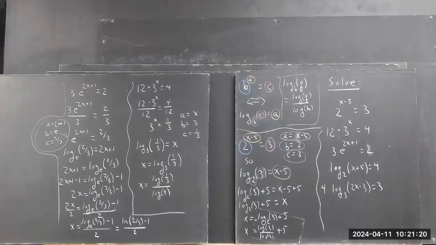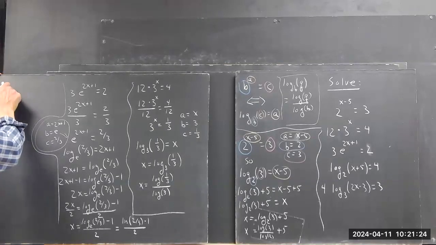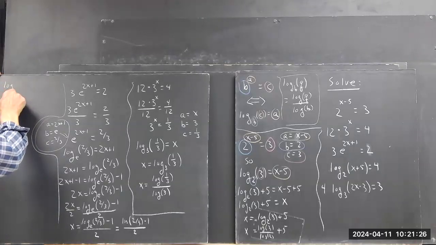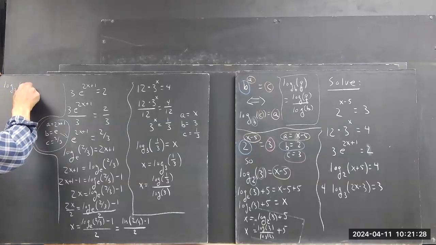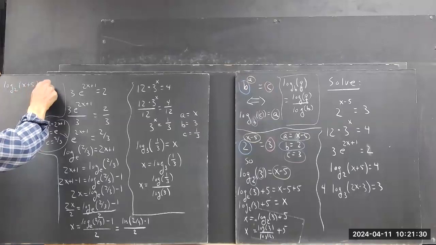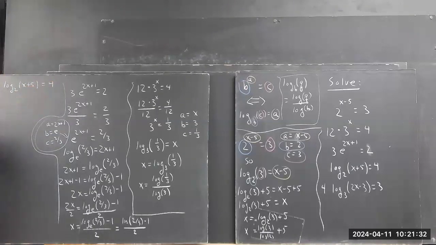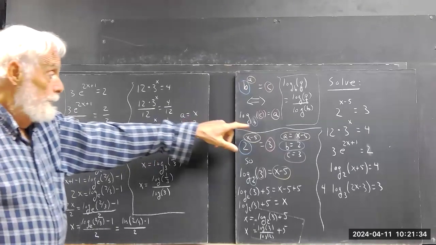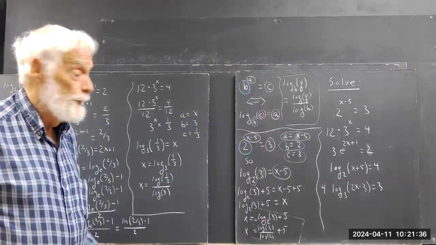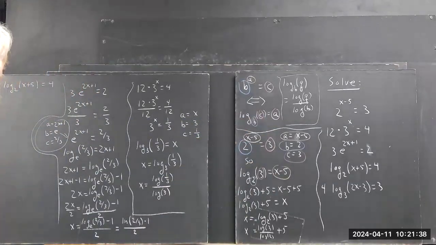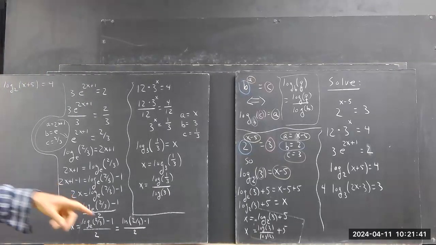Okay. So we got log base 2 of x plus 5 equals 4. Well, this is in this form. What's B?